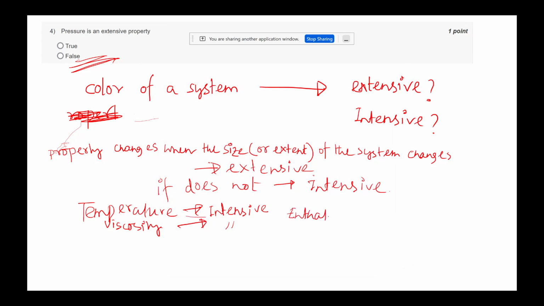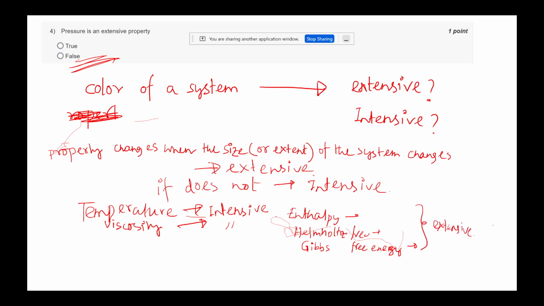Any kind of free energies: enthalpy, Helmholtz free energy, and then Gibbs free energy. They are all extensive.